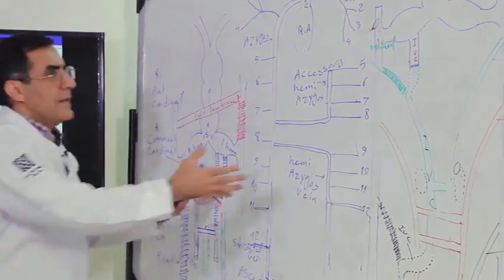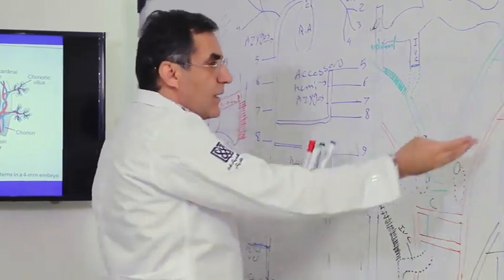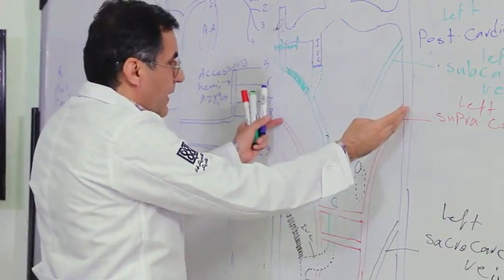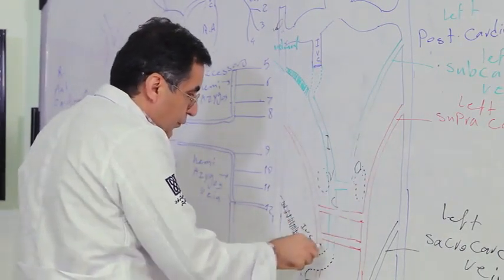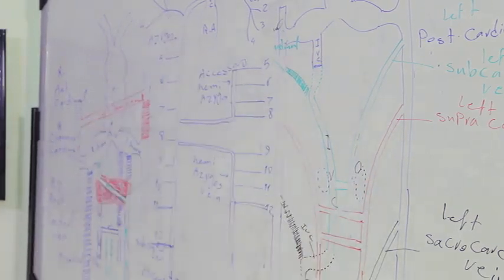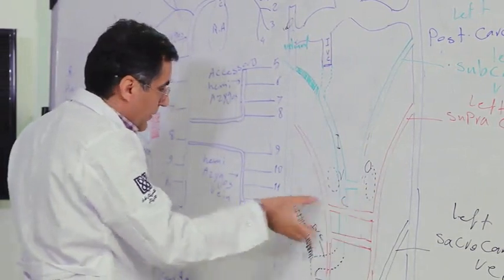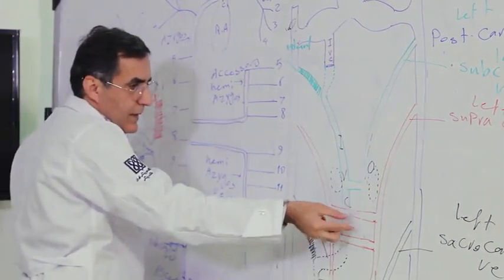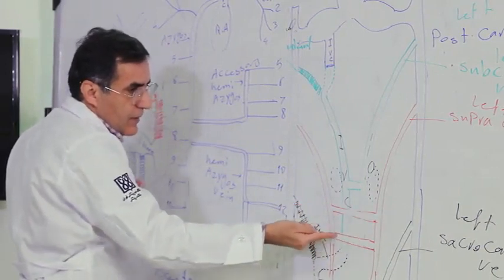Okay, if you compare, this is the normal anatomy with these pictures. Look at the supracardinal vein system. Here you can see the two communicating veins between the right and left supracardinal. This is the drainage of the accessory hemiazygos and hemiazygos.